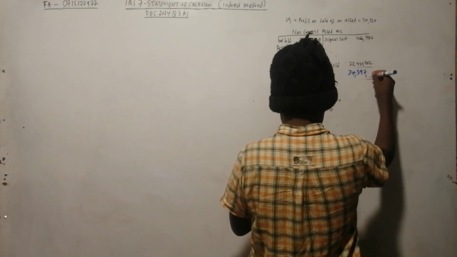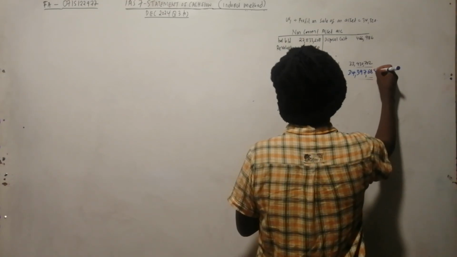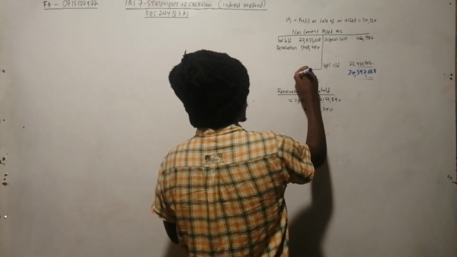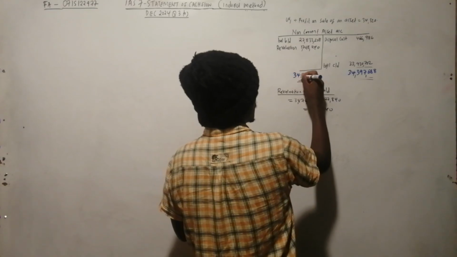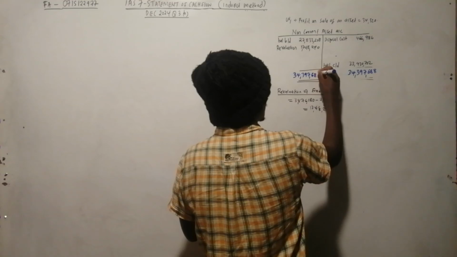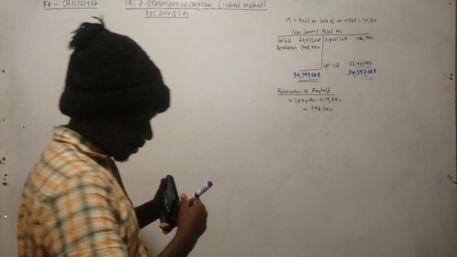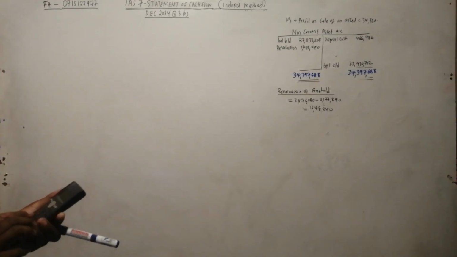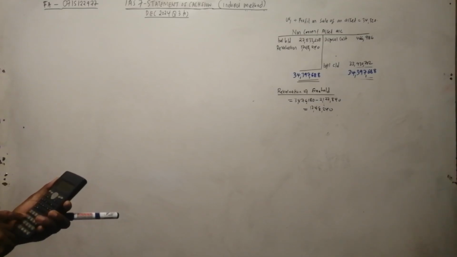34,397,688. So you get the balancing figure. So minus 17,48,240 minus 27,833,208.